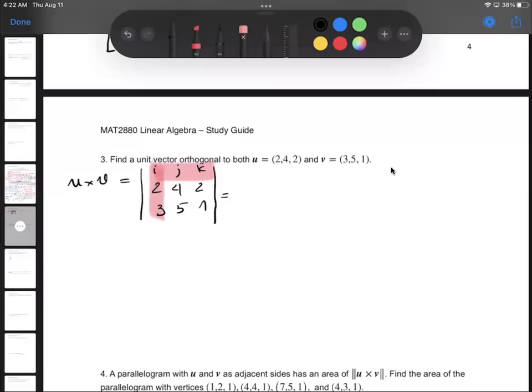And then the area is the length of u cross v, right? Maybe I'll run out of color, so I'm going to use purple here. So u cross v: i, j, k. I got 3, 2, 0, and then 3, 1, 0.